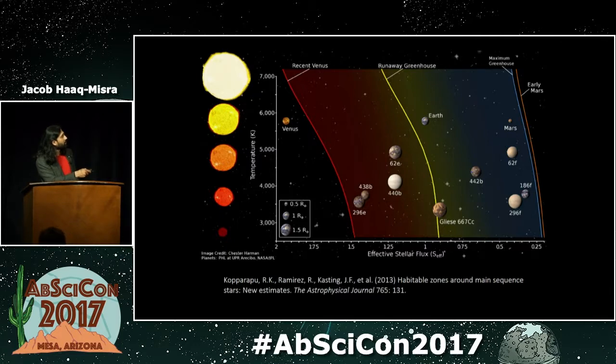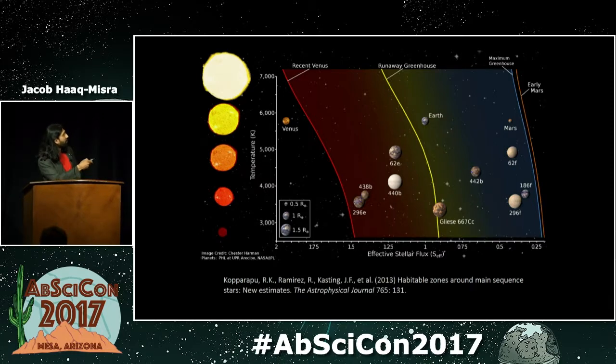The outer edge of the habitable zone is what we're concerned with for this problem. The outer edge is defined by the maximum amount of warming you can get out of CO2. If you pull a planet away from the sun, and I'm going to show you on the next slide why this is, we expect that a planet like Earth that's tectonically active would build up carbon dioxide in its atmosphere as it gets colder.